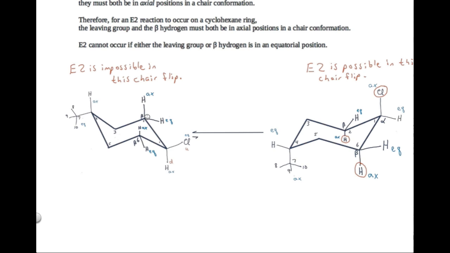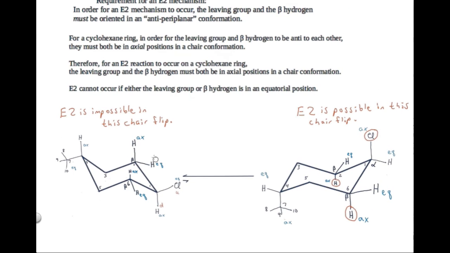Again, the beta carbons would be carbons 2 and 6, so I drew in their beta hydrogens. Can you see that this chlorine is not anti to any of those beta hydrogens? For example, this chlorine is on a bond that's pointing up and right.